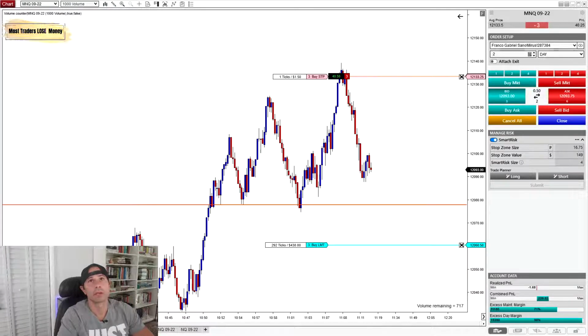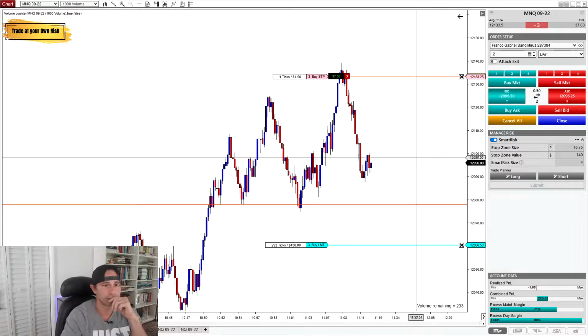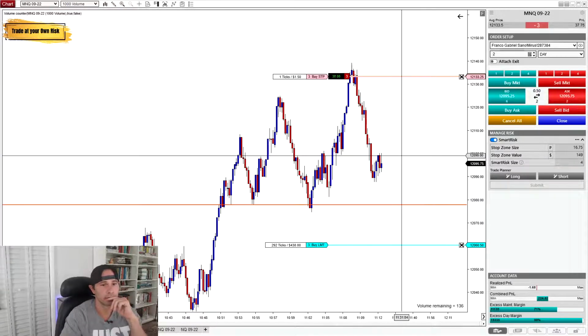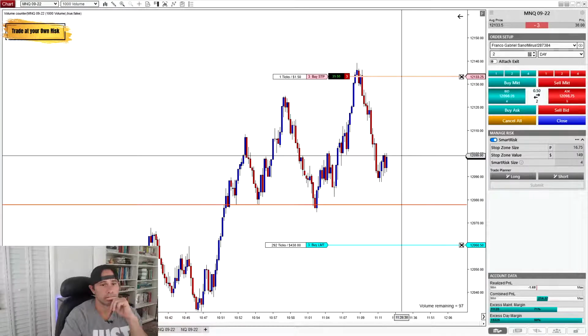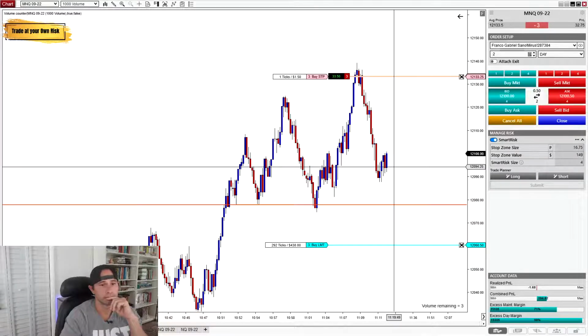So on the 3-minute we do have some consolidation areas right there. Yeah, so tick chart is breaking to the upside. It's hitting the 0 line but coming back down.